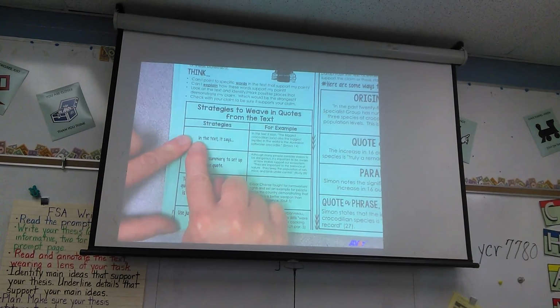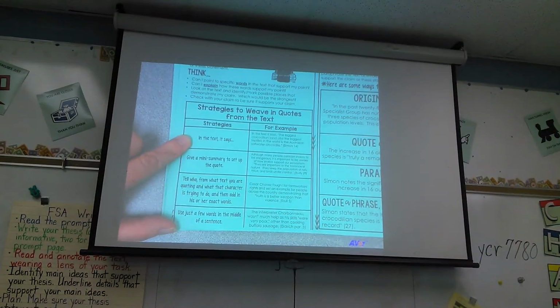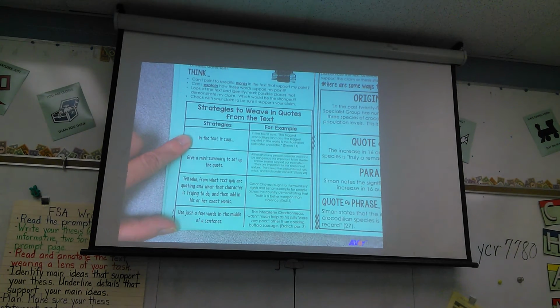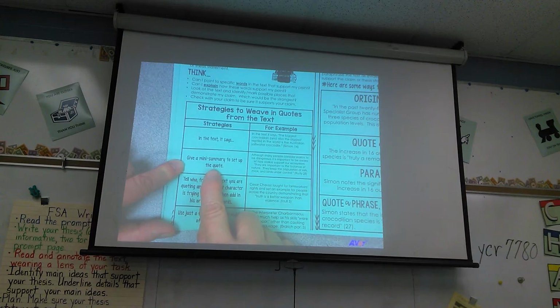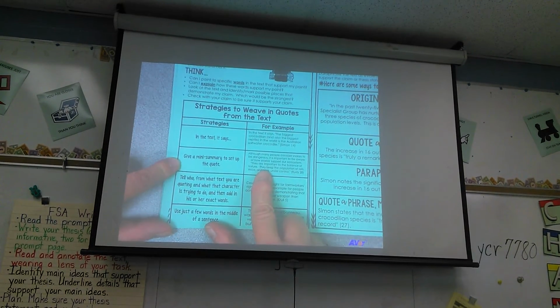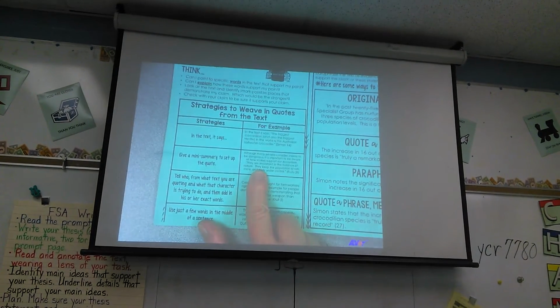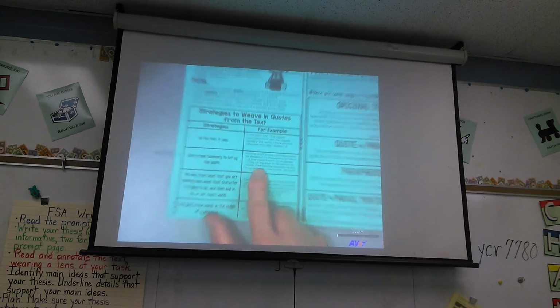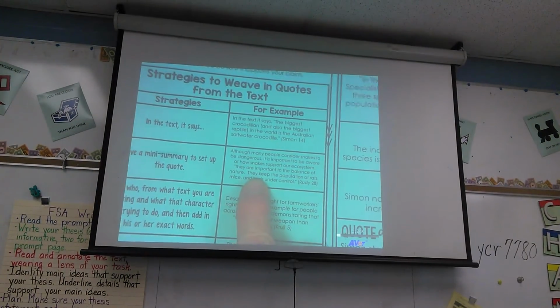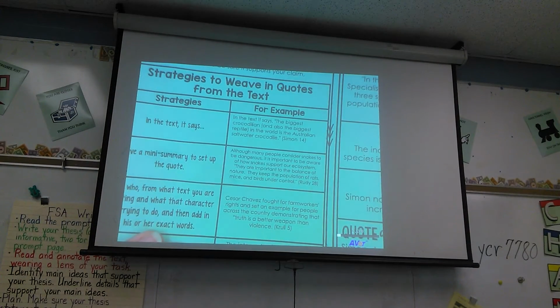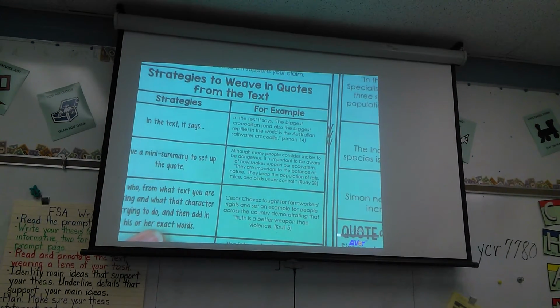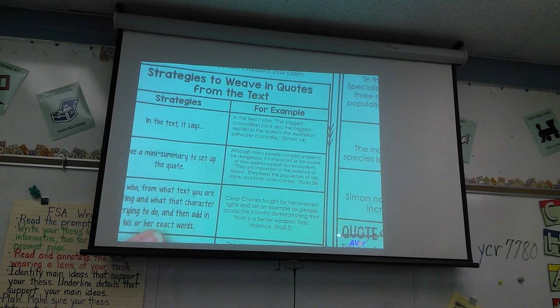One of the ways it talks about in the text, which is just like one of our sentence frames: you can also give a mini summary to set up the quote. I'll read that to you. You might not be able to see it unless you have it in front of you. It says, although many people consider snakes to be dangerous, it is important to be aware of how snakes support our ecosystem.